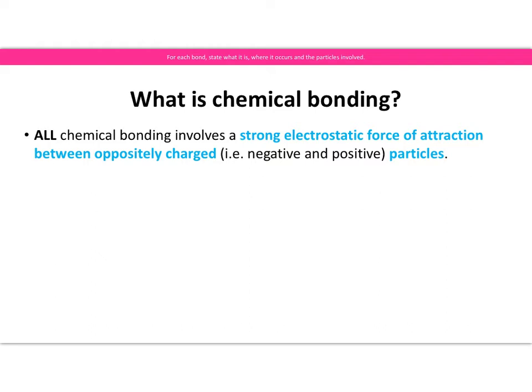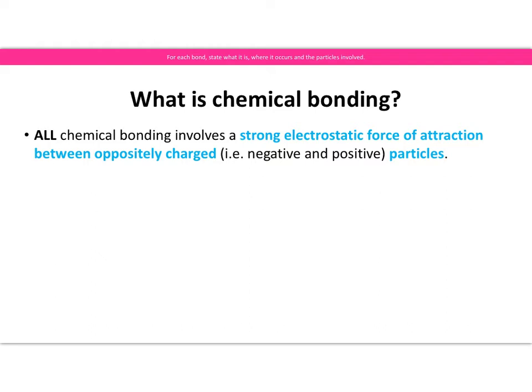Electrostatic is because it's always between oppositely charged particles. Force of attraction, because that's what you get when you have positive and negative particles close by, they attract each other. What's different between ionic bonding, covalent bonding, and metallic bonding is that they all have these electrostatic forces of attraction between oppositely charged particles, but what differs is what those charged particles are.